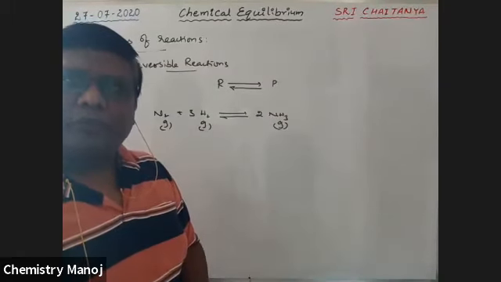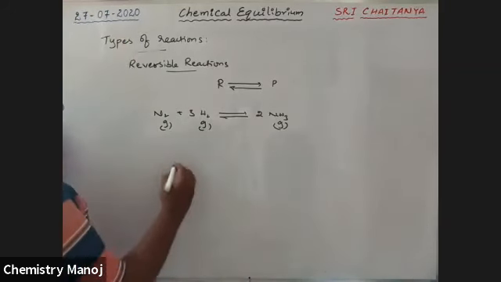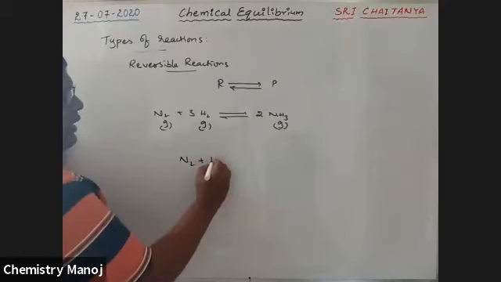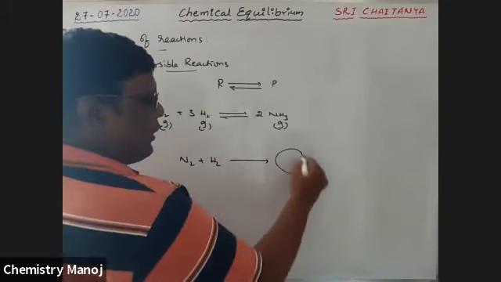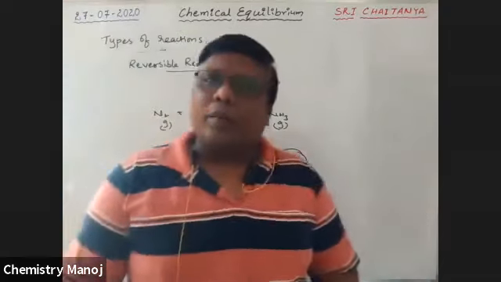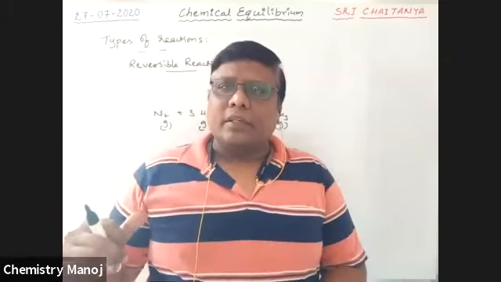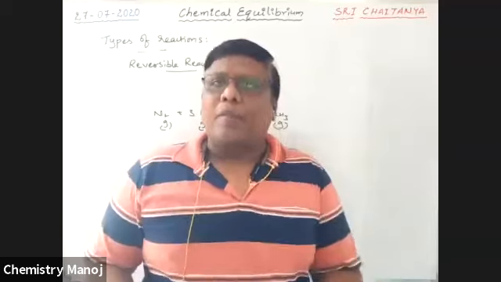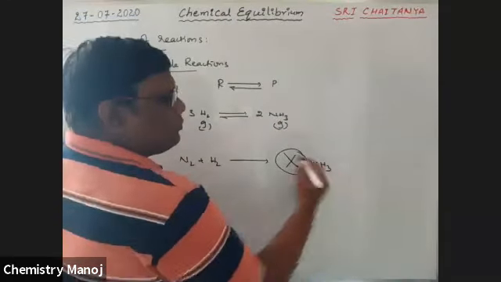During the course of the reaction, I start with nitrogen and hydrogen. At the beginning, no ammonia, my dear boys. As time goes on, these reactants react with each other and form ammonia. Ammonia is slowly formed.